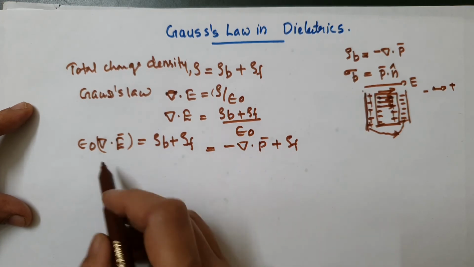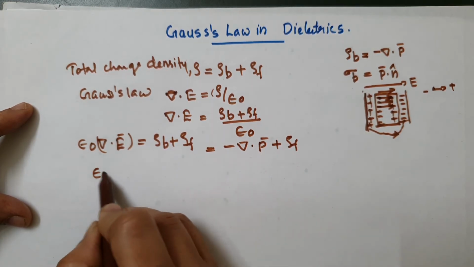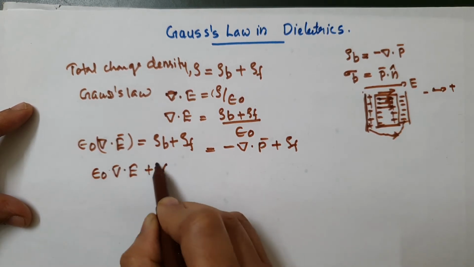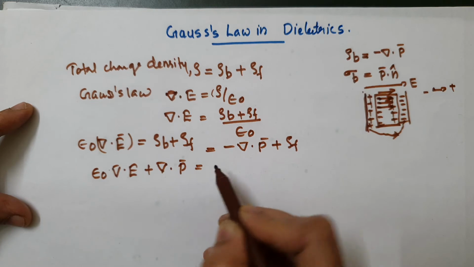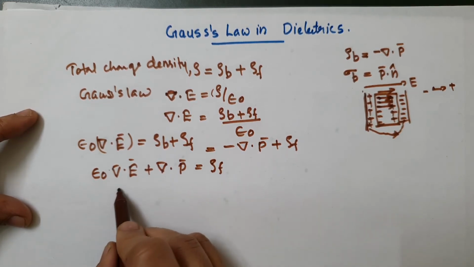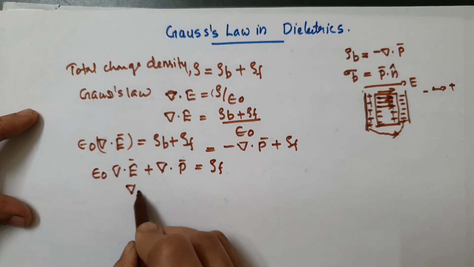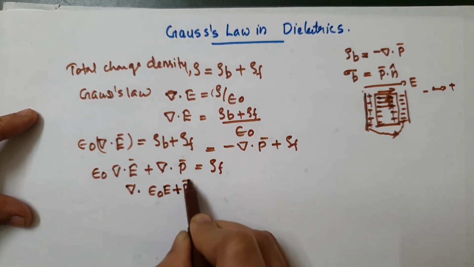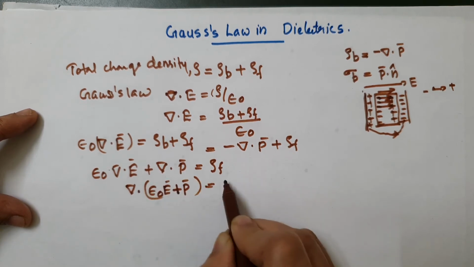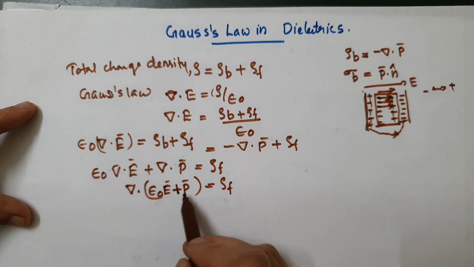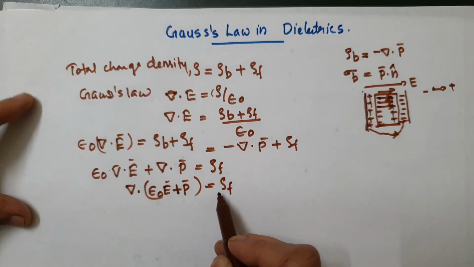Rearranging this equation, epsilon 0 del dot E plus del dot P is equal to rho F. Or we can represent it as del dot of epsilon 0 E plus P is equal to rho F.